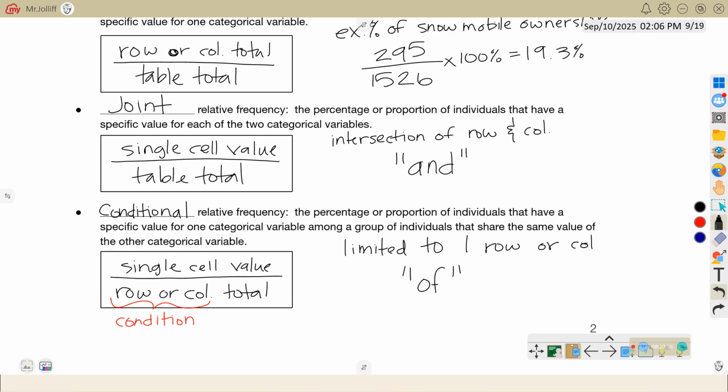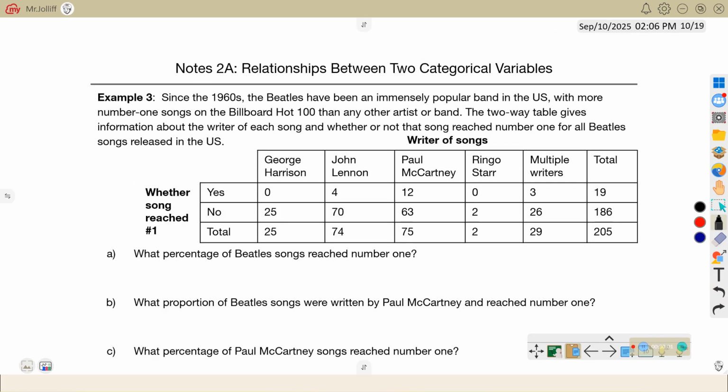So let's try it out with some actual data. The table we're looking at is information on songs released in the US by the Beatles. They have had more number one songs on the Billboard Hot 100 than any other artist or band in the US. This particular table groups the songs into two categories: did they reach number one, or did they not reach number one?